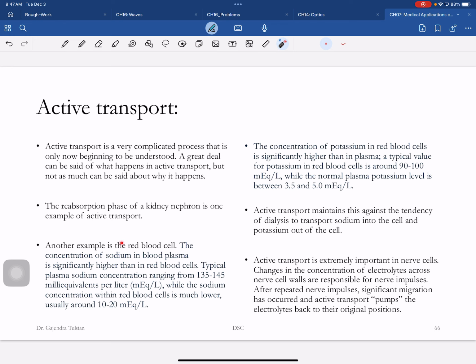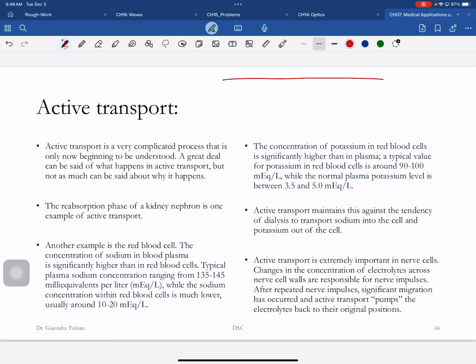So here's a couple of other examples. The red blood cells in your blood: the concentration of sodium in blood plasma is significantly higher than in red blood cells. The plasma concentration of sodium is about 150 milliequivalents per liter, while the sodium concentration within the red blood cells is much lower, about 10 times lower.